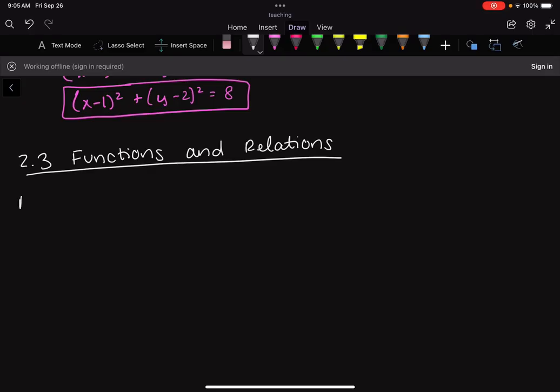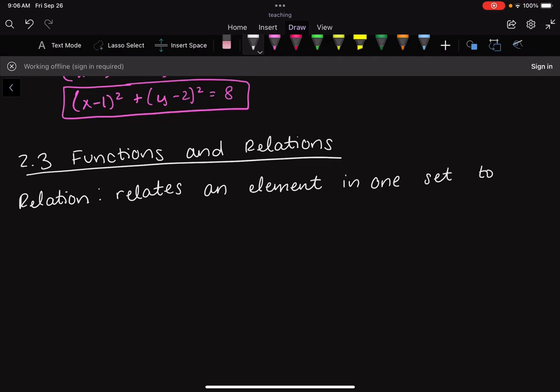So a relation is kind of what it sounds like. It relates one element, well, we'll say an element, in one set to an element in another set.